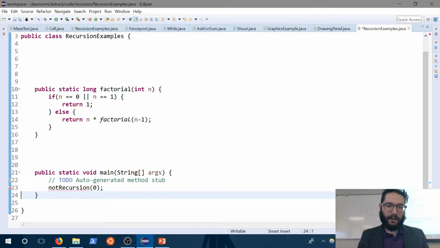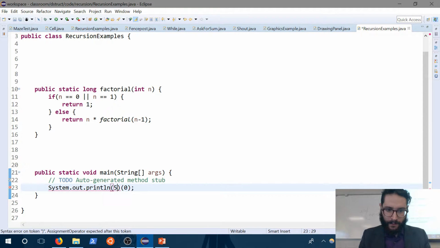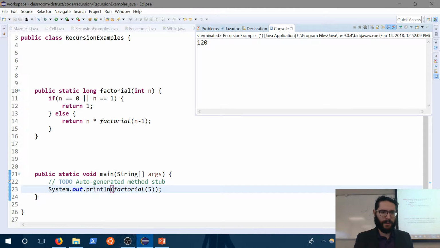So now let's check out how factorial works. System.out.println factorial 5. We run this, and it'll give me 120, and not some other weird number.